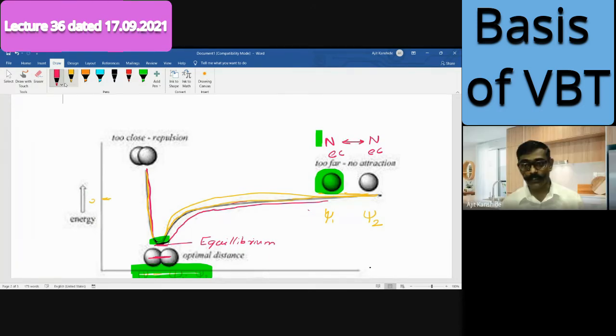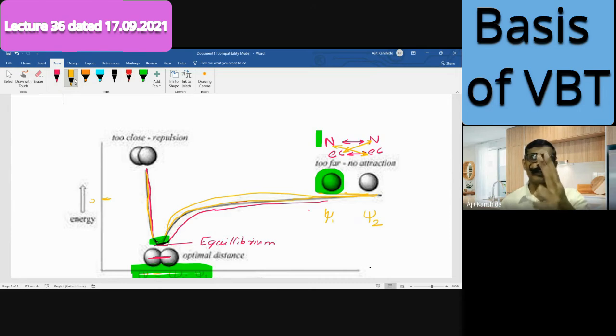Repulsion. Right. Electron cloud, electron cloud, electron, electron, there will be repulsion. But if you consider the nucleus of one atom and the electron of the other, you will find there is attraction. Electron of one and nucleus of the other, you will find attraction.